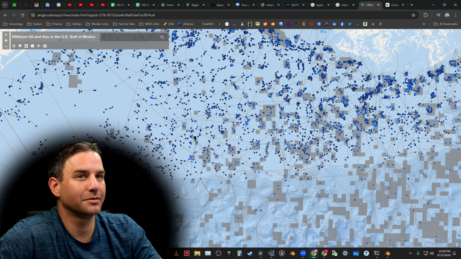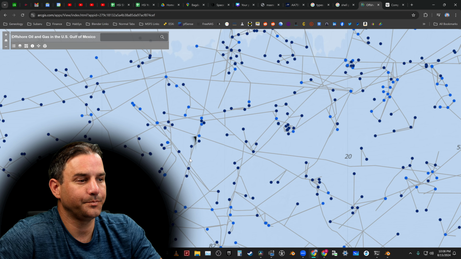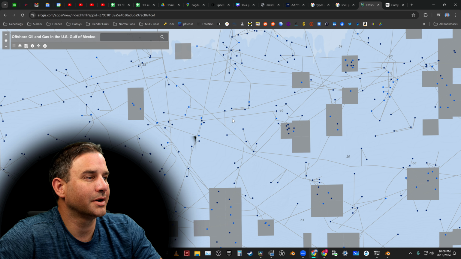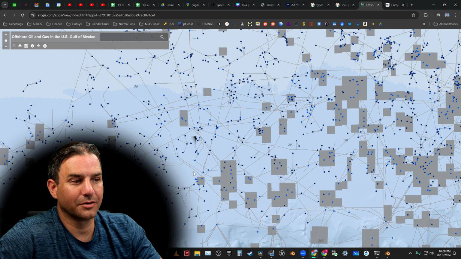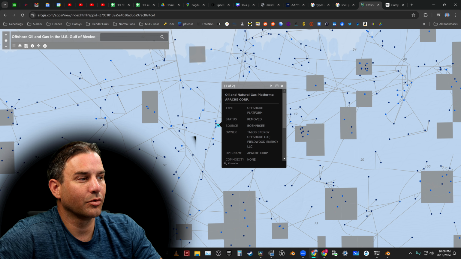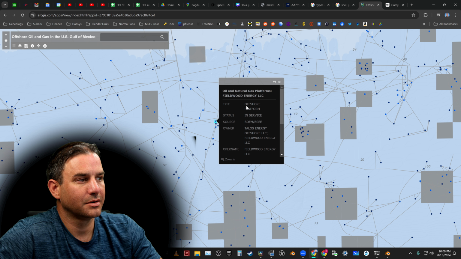If you zoom into this map that I found on Google, it's actually at arcgis.com, the gray lines are undersea pipelines, the dark blue dots are oil platforms that have been removed, and the light blue dots are platforms that are currently in service.